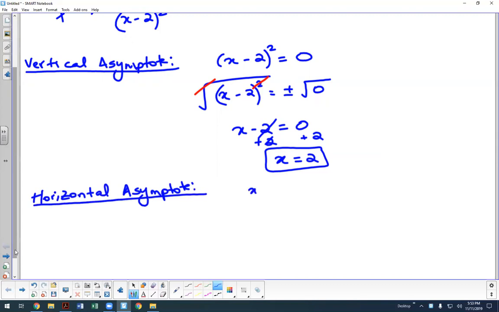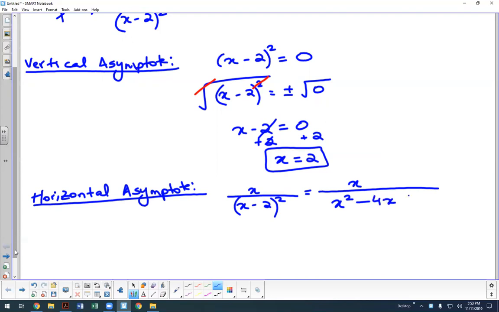We have x over x minus 2 squared. Now if you want to make it easier, you can go ahead and multiply your denominator. Go ahead and FOIL that, which will end up giving us x squared, minus 2x minus 2x, which will become negative 4x.